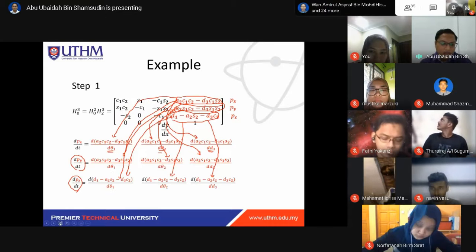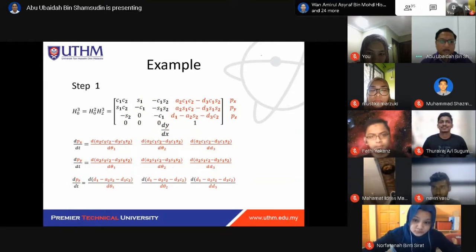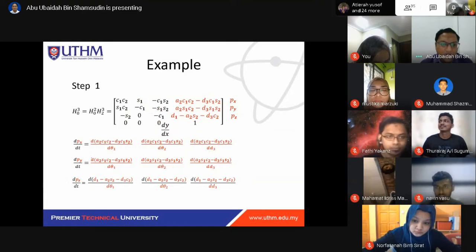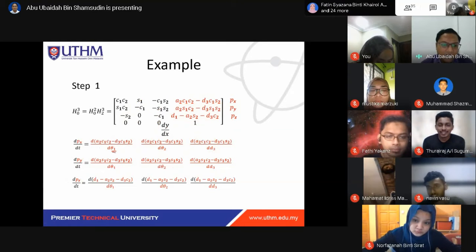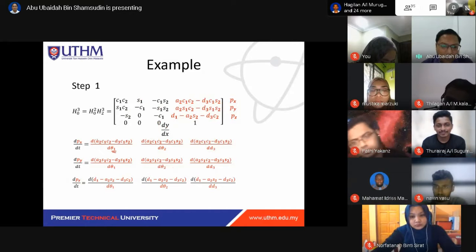So let's look back to this example here. I want to differentiate with d theta 1. This is A2, it doesn't have anything related to theta 1.